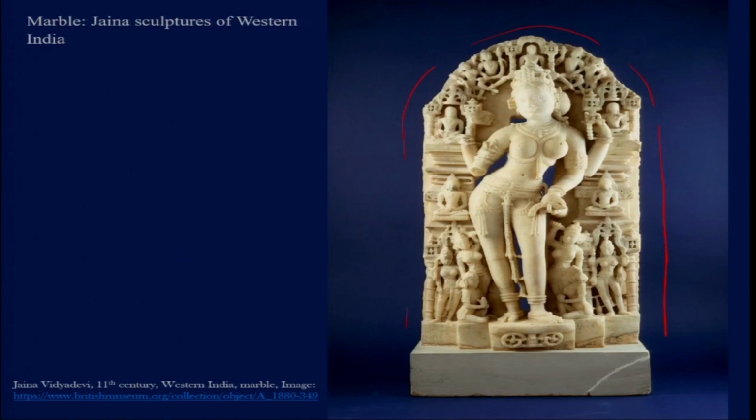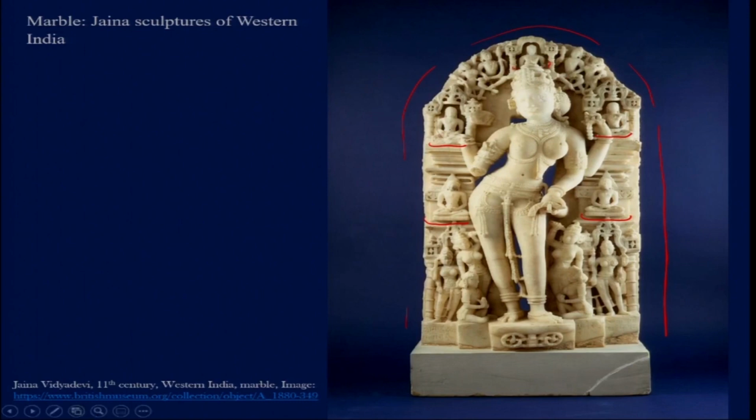The Vidya Devi's figure is executed in high relief, and of course there are attendant figures at the sides, and then devotee figures on both sides. We also find the seated figures of the Jaina Tirthankaras by this side here and even here.